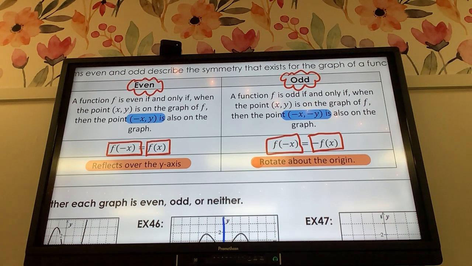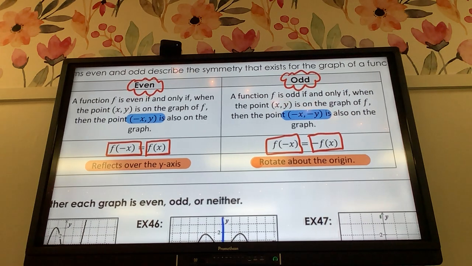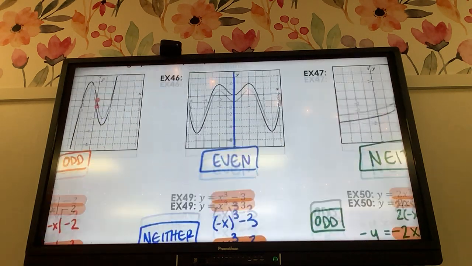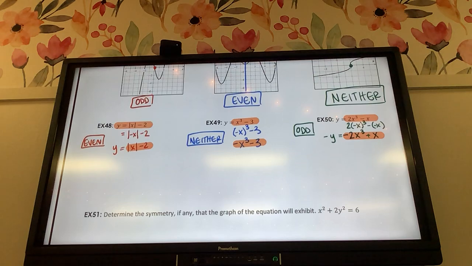In an even function, when you plug negative x in, you get regular y. That's what this coordinate point is saying. And the odd one is when you plug negative x in, you get negative y. So let's look down here at the algebra ones that I did.